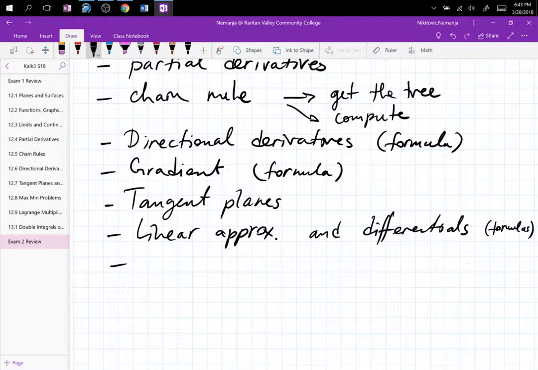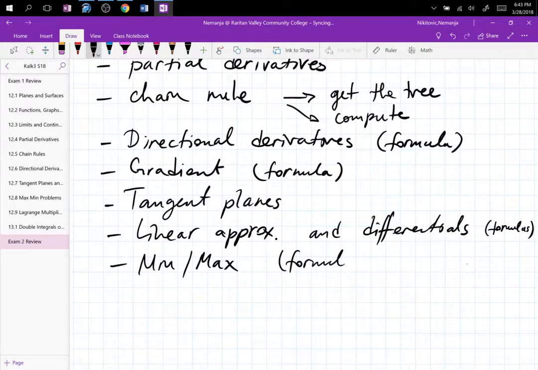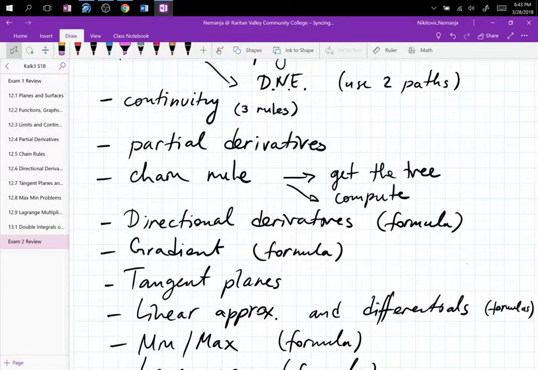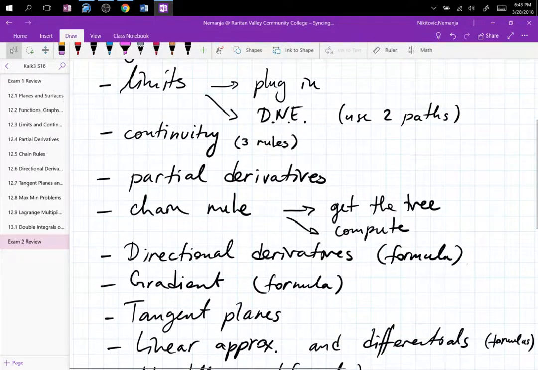We have a min-max, again formula, and we have Lagrange, formula. You probably have 10 formulas.